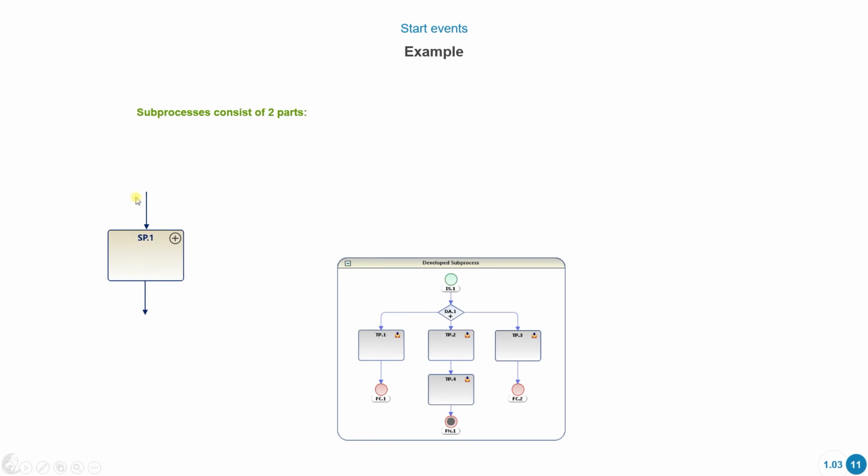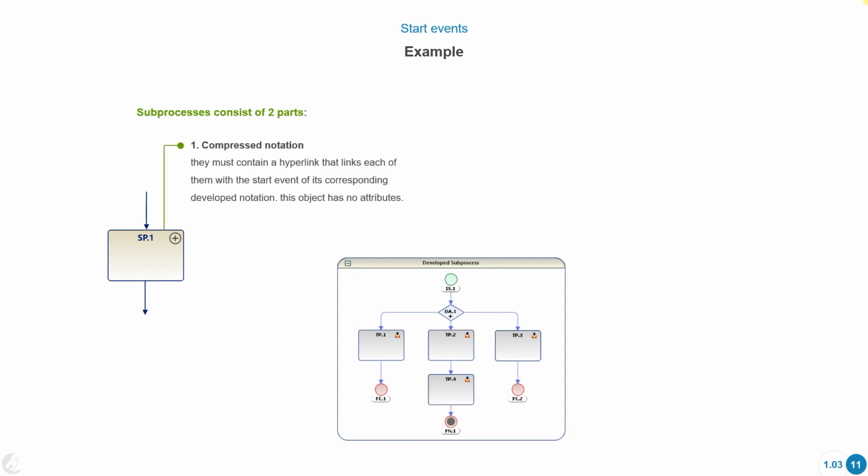Now, as I was mentioning before, a main process or a parent process could have different child processes, or what we call sub-processes. So a sub-process always consists of two parts. One part would be its compressed notation. Okay, its compressed notation is an object with a hyperlink to an IS.